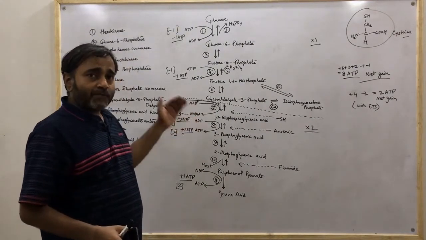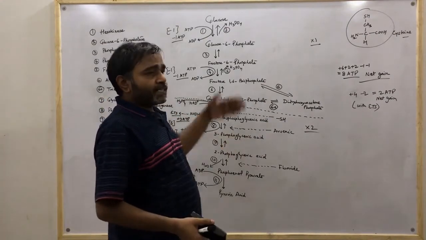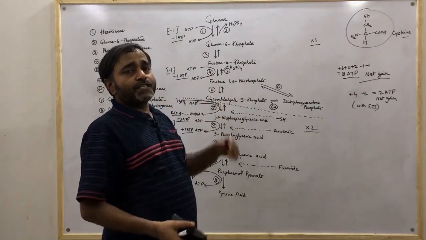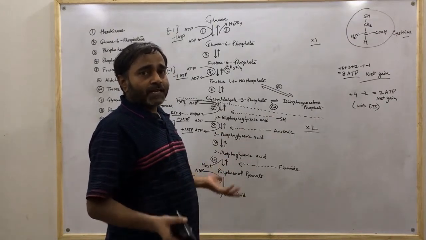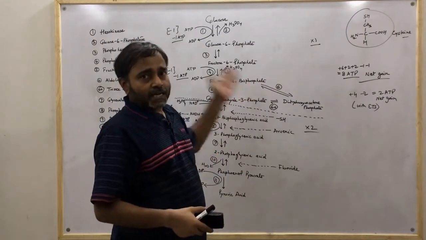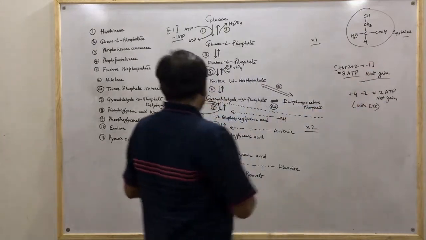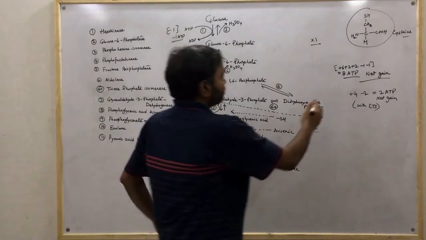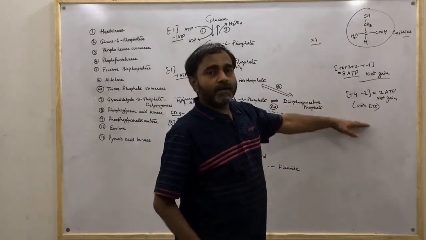That will get used up in the form of coupled reaction in the steps where dehydrogenases are working, like lactate dehydrogenase and alcohol dehydrogenase, and finally alcohol or lactic acid is formed, as you have seen earlier. And we need to put brackets also, because here I have marked the formation of ATP with brackets. So you need to put brackets in order to understand that, and try to remember this fact.